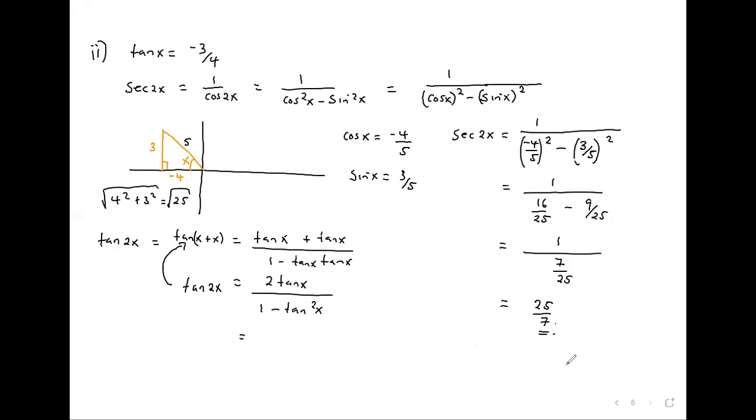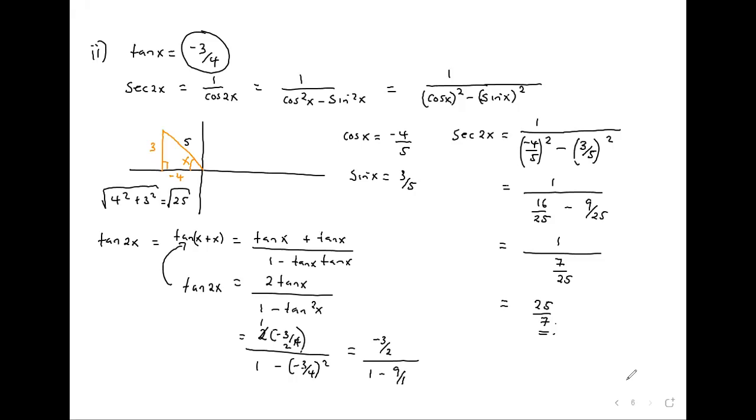But we're already given in the question what tan x is. Ours is just to substitute negative 3 over 4 over 1 minus negative 3 over 4 squared. This is negative 3 over 2 over, because I'm canceling here, don't get confused, over 1 minus, don't make a sign error, the negatives cancel because that negative is actually squared.